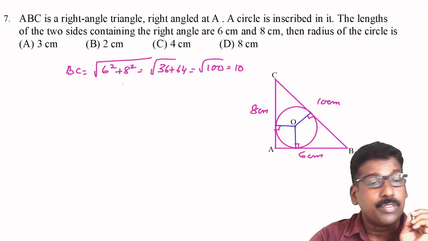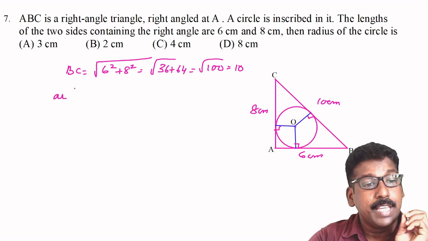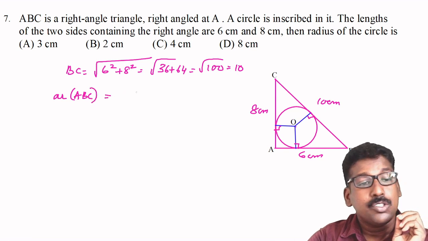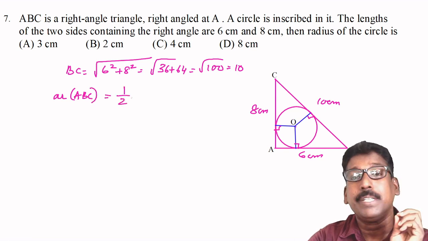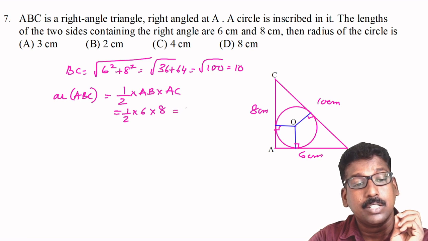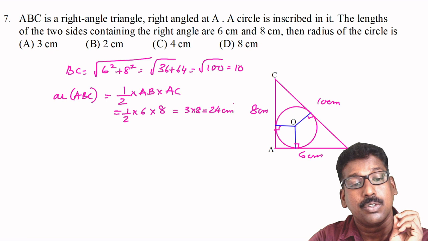Now area of triangle ABC you can write as half base into height. So here half into, let me take base AB, into its height AC, that is half into 6 into 8, which is equal to 3 into 8, 24 centimeters square.